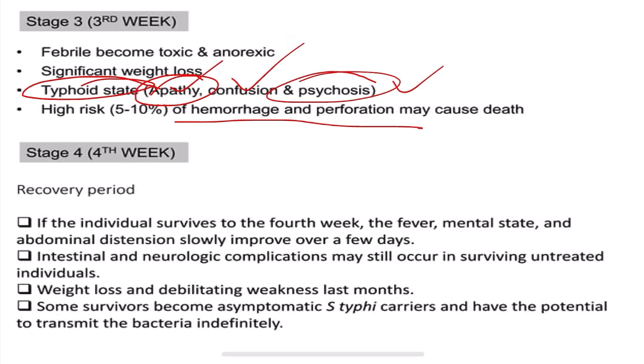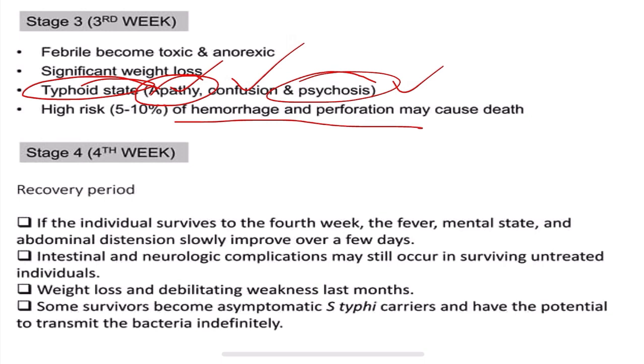Intestinal and neurological complications may still occur in surviving untreated individuals. So we see that neurological complications and intestinal complications can still occur in surviving untreated individuals. Weight loss and weakness will last for months together.